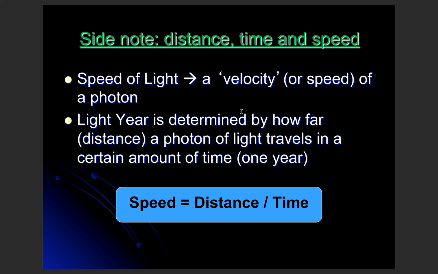This is coming from the basic understanding that speed is distance per time. How far you go over how much time is how quickly you're going. So a light year is the distance that a photon travels in 1 year, knowing that a photon travels at the speed of light of 3 times 10 to the 8 meters per second.